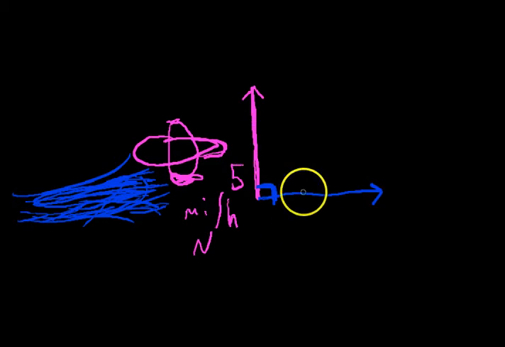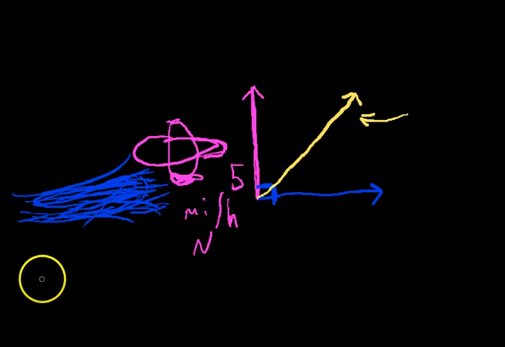Now, if you've had basic algebra and basic geometry, you're familiar with the Pythagorean theorem, and that's what we use to find the resulting velocity vector, which is this guy. Okay, so the Pythagorean theorem says that a squared plus b squared is equal to c squared.